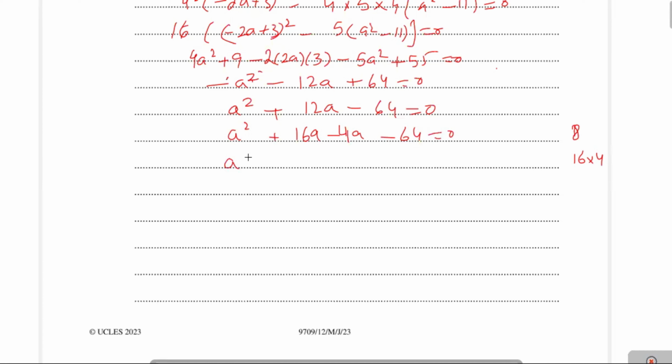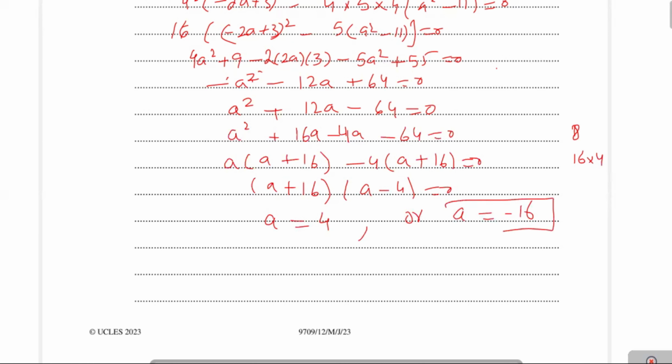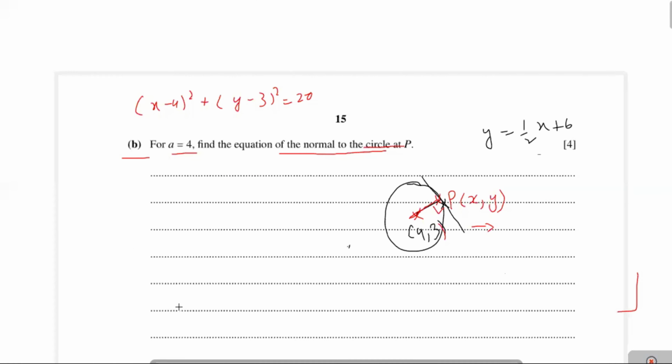Now we take common a plus 16, a plus 16 into a minus 4 is common, and therefore we get a plus 16 into a minus 4 equal to 0. Therefore, the two values of a are a equal to 4 or a equal to minus 16, and this is the answer.